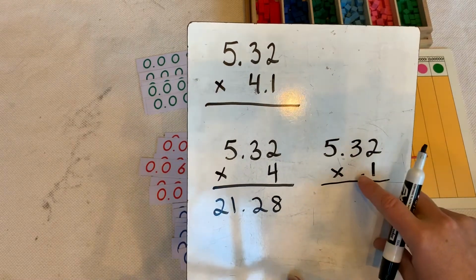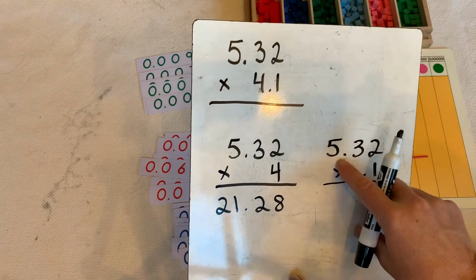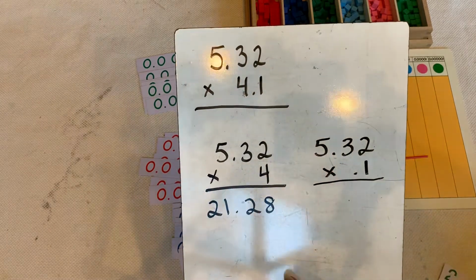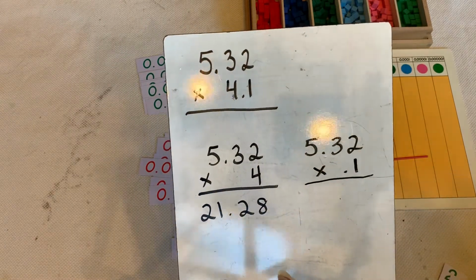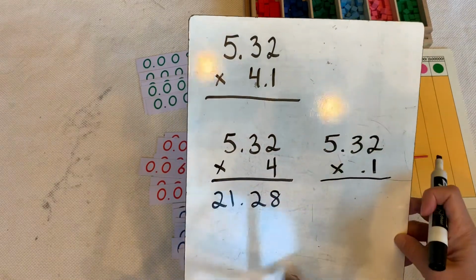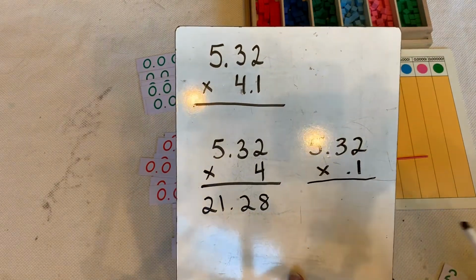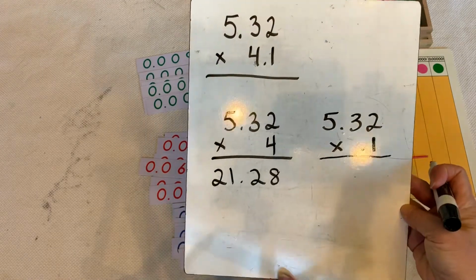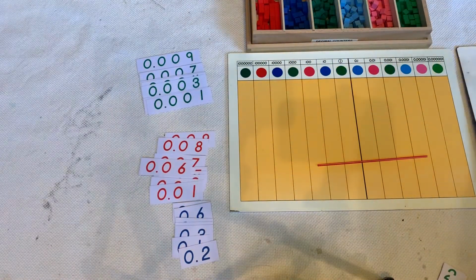Well, when we see this decimal, we know our answer is going to be smaller. It's going to be 10 times smaller. Now, there's an easy way to do this, but I'll show that to you later. First, let's do it with our materials.